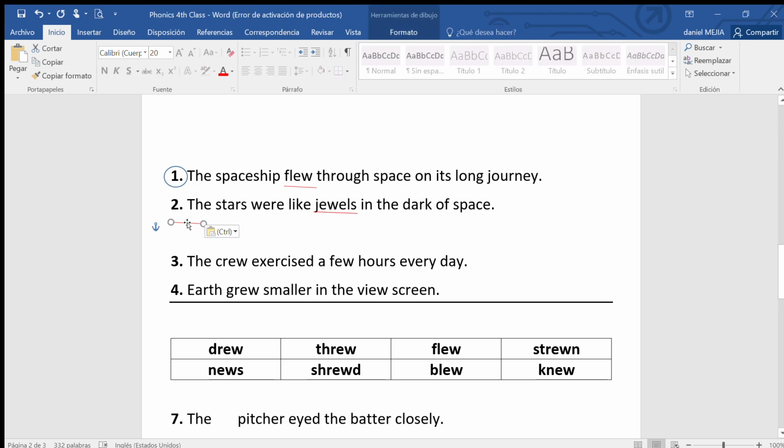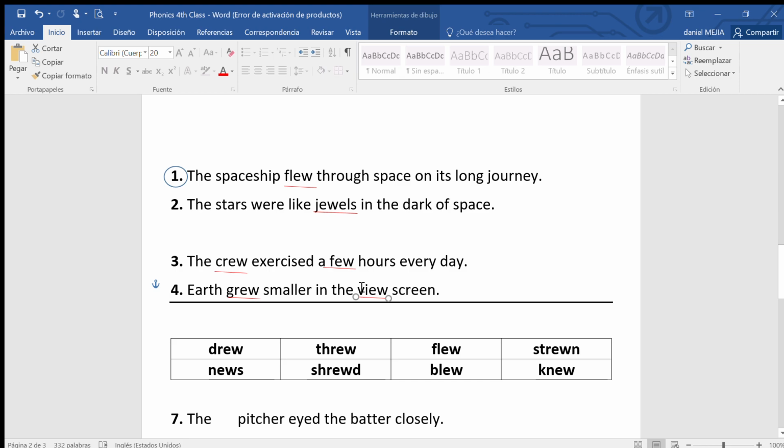So we are going to underline crew and few. Good. Then we have number 4. Earth grew smaller in the view screen. Yes. So we have words with EW. Remember to underline them. And we look at the picture.